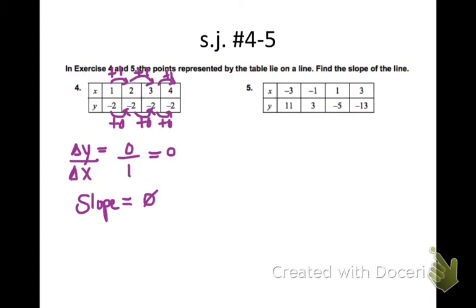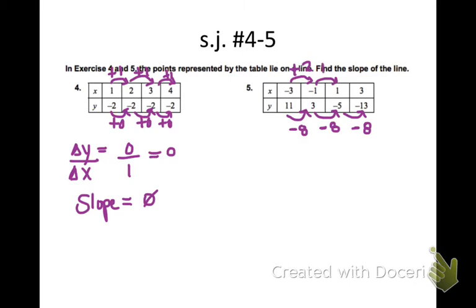For number 5, we're going to look at what's happening. The difference going from 11 to 3 is subtracting 8. 3 to negative 5 is subtracting 8. And negative 5 to negative 13 is subtracting 8. X is increasing by 2.